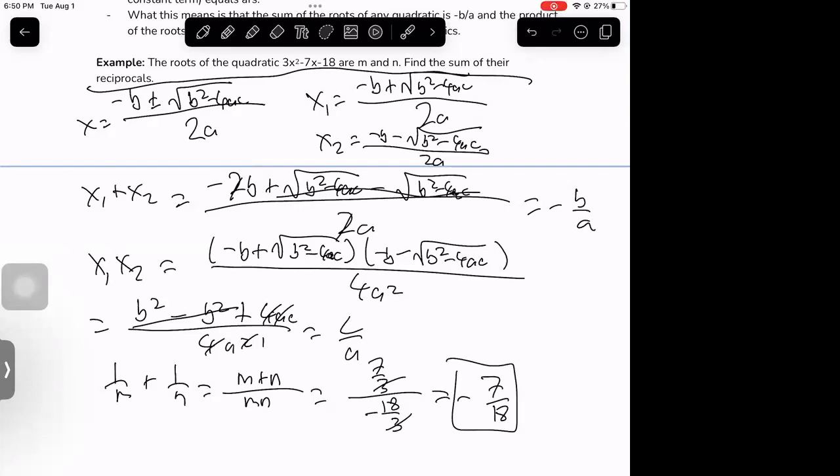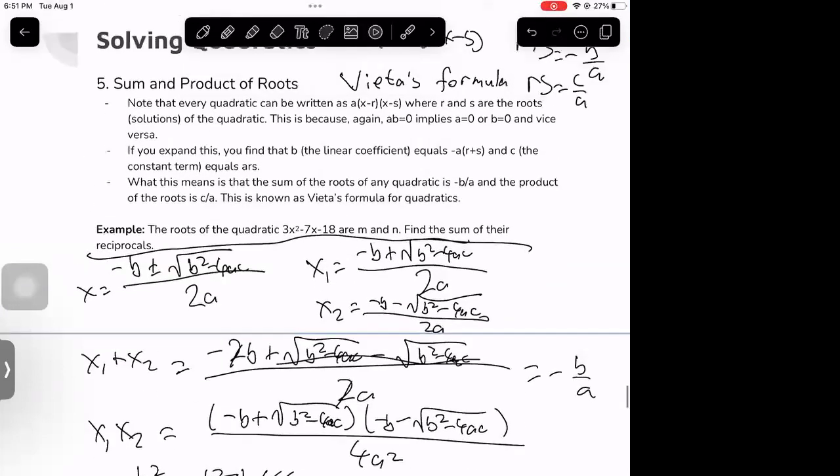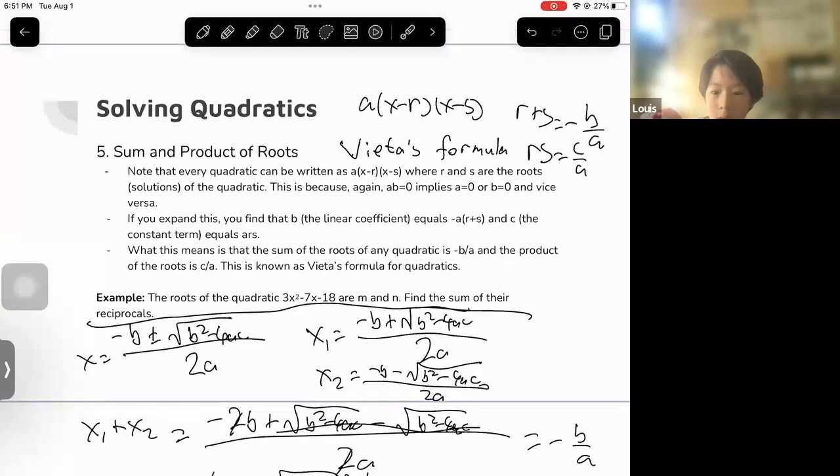Can you move up a little? To where? That's fine.